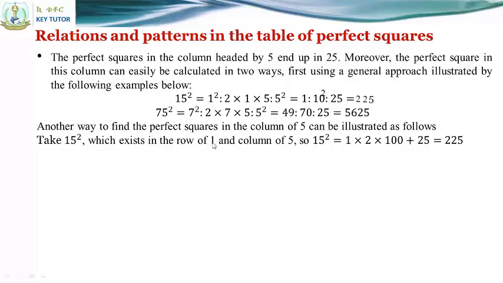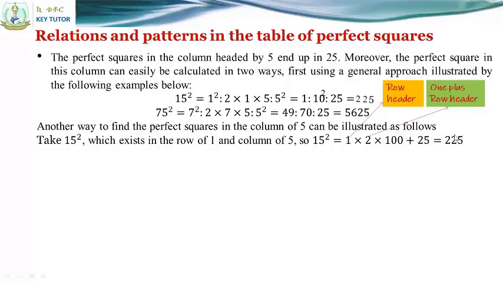You take the row number 1 times row number 1 plus 1, which is 2. So 1 times 2 times 100 plus 25, that gives you 225.